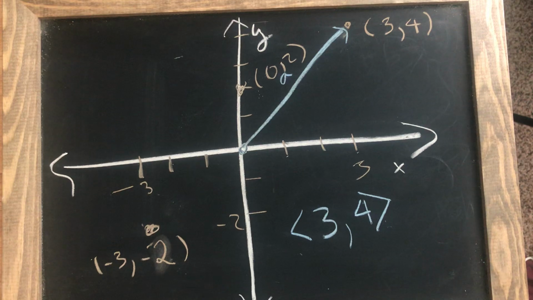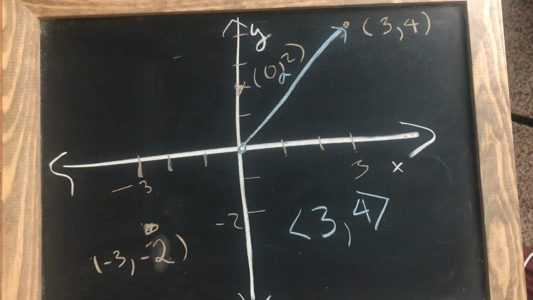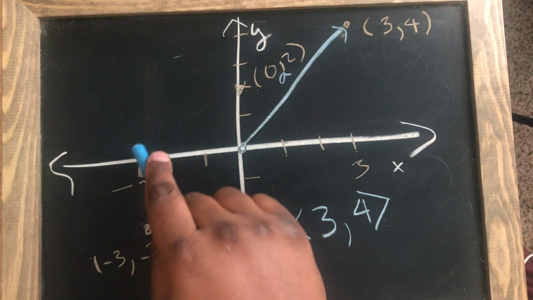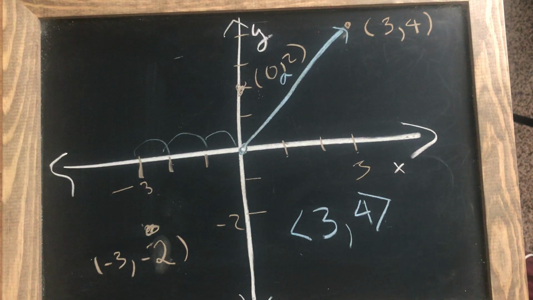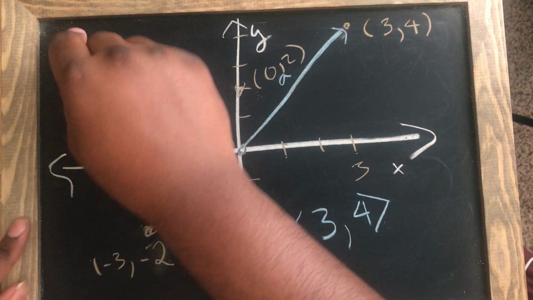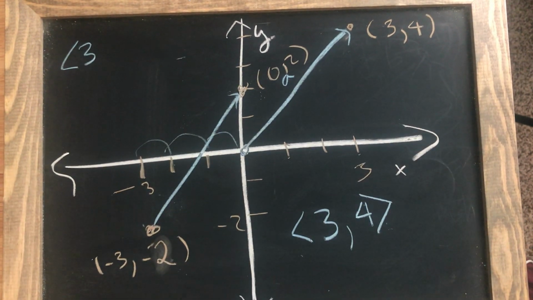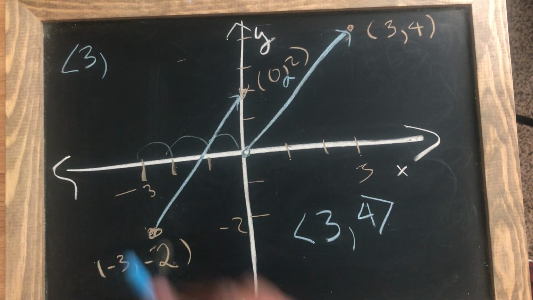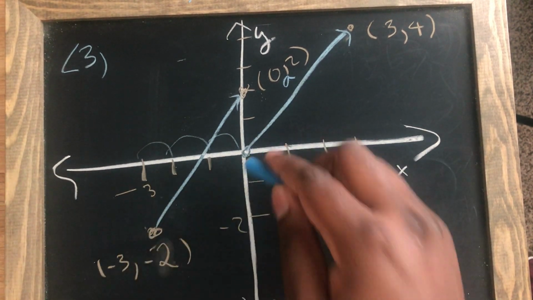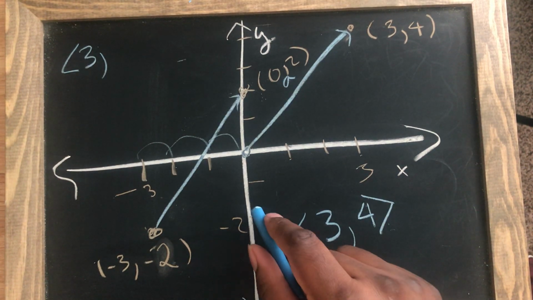Well, let's count. What's the X component here? Let's think about it. I'm going 1, 2, 3. I'm going 3 in a positive way. And this is the vector, by the way. I'm going 3 in the positive X direction. And I'm going up in the Y direction, actually 4, my bad.